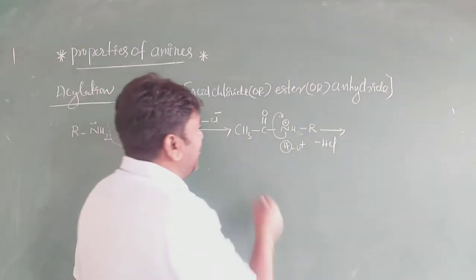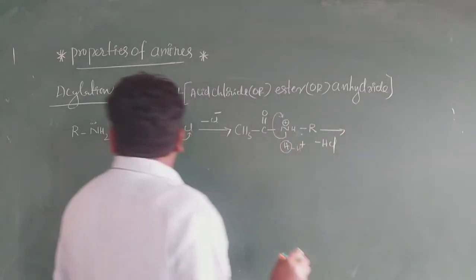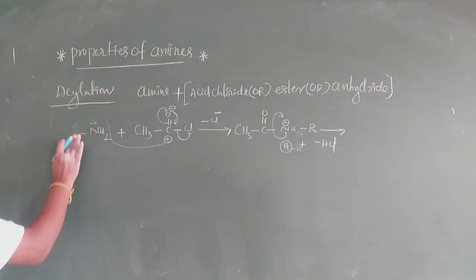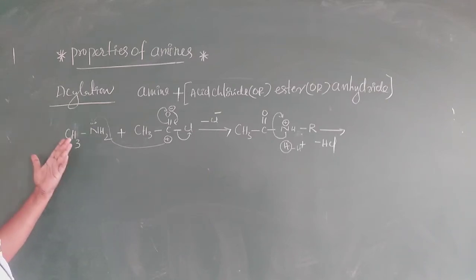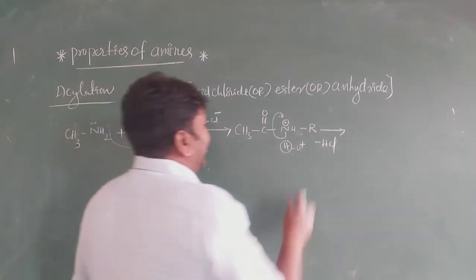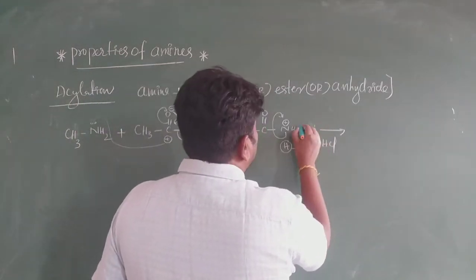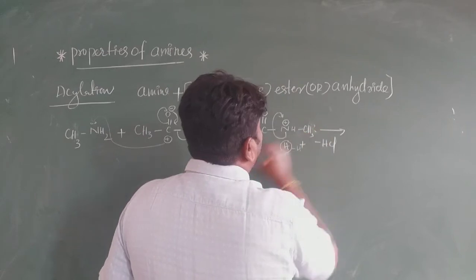Next, what is the compound, my dear students? Suppose you take this as CH3, that is better. It is a primary amine. Whatever you want, if you take this as C2H5 or anything, you will write it simply as CH3.